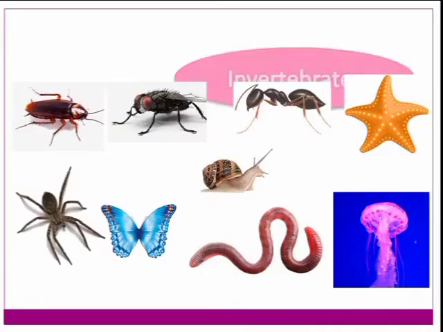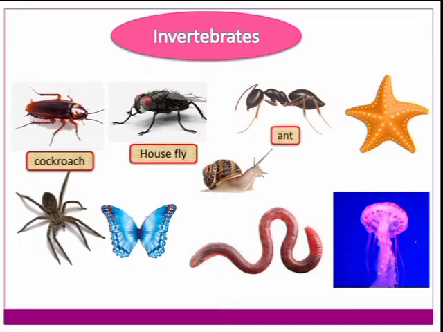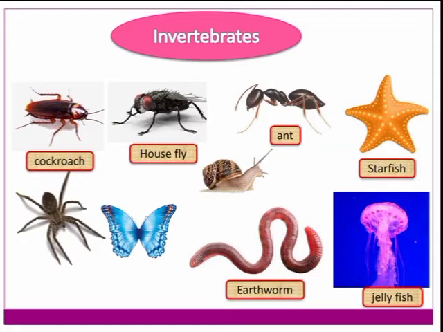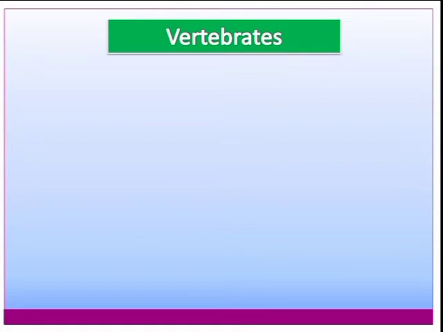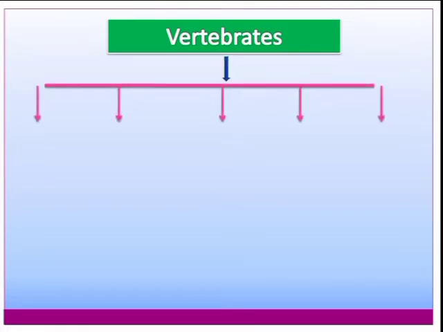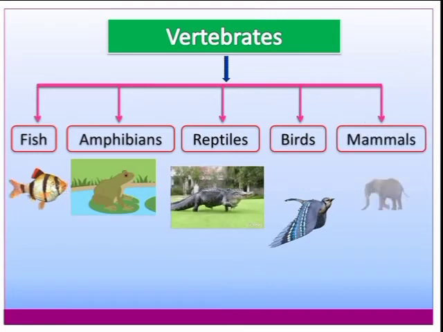Many small animals like cockroach, housefly, ant, starfish, jellyfish, earthworm, butterfly, spider, etc. are invertebrates. Children, vertebrates are further divided into five categories and they are fish, amphibians, reptiles, birds, and mammals.